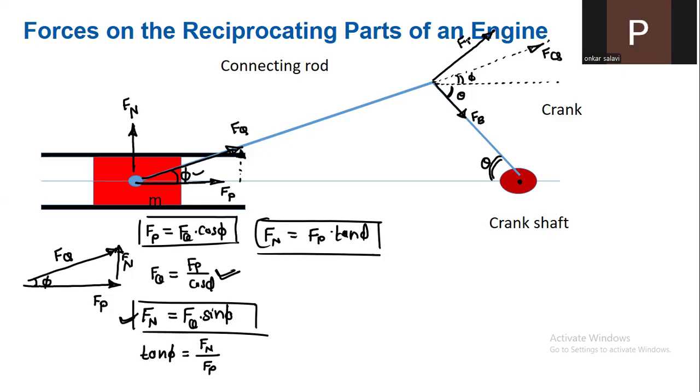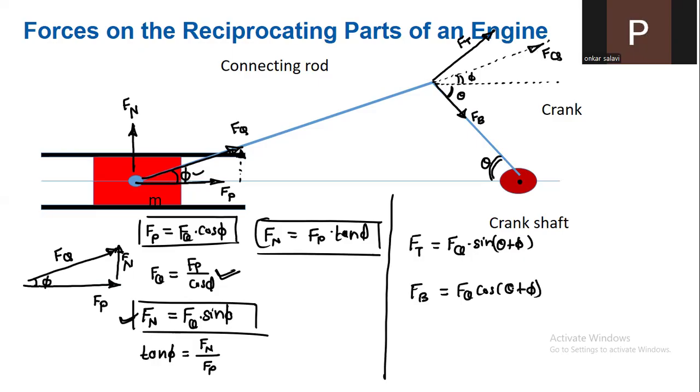So Ft is the opposite component of Fq. So we can write here Ft is equal to Fq sine theta plus phi, and Fb is equal to Fq cos theta plus phi.